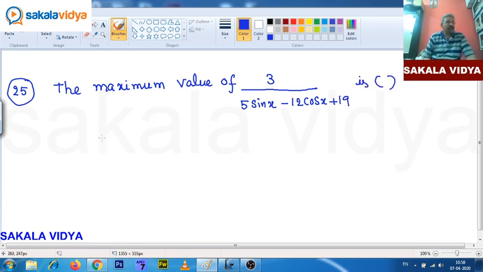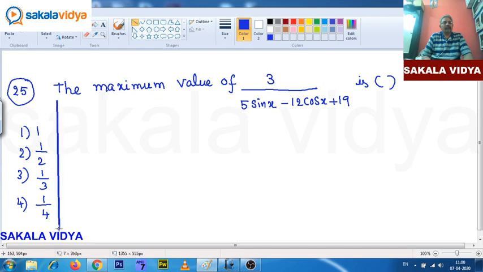Okay. First option 1, second option 1 by 2, third option is 1 by 3, fourth option is 1 by 4. The maximum value of this function we need to find out.